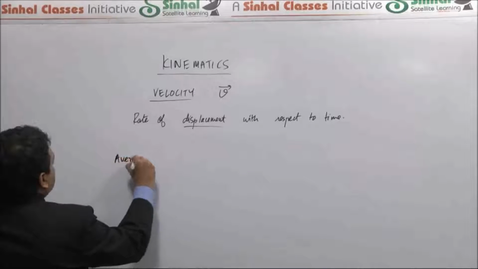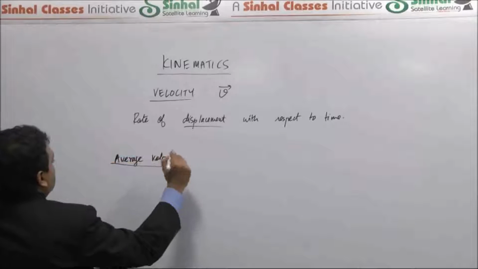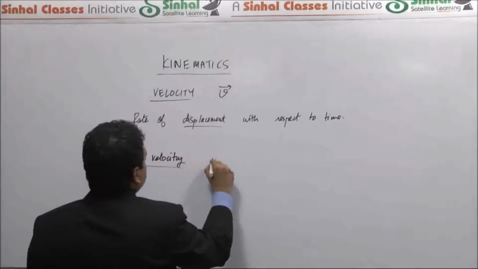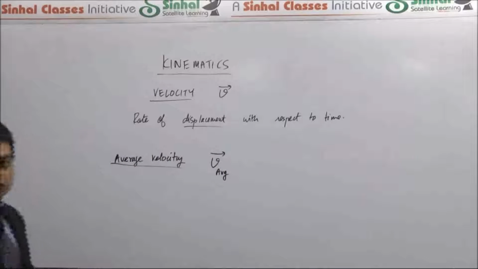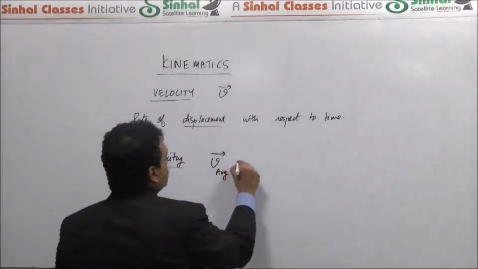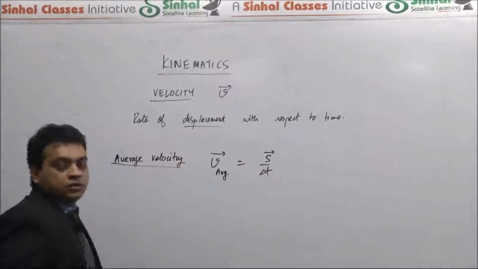Average velocity, to make it absolutely clear that we are talking about average, we'll give it a different symbol. That would be equal to the total displacement divided by the total interval of time. Okay.